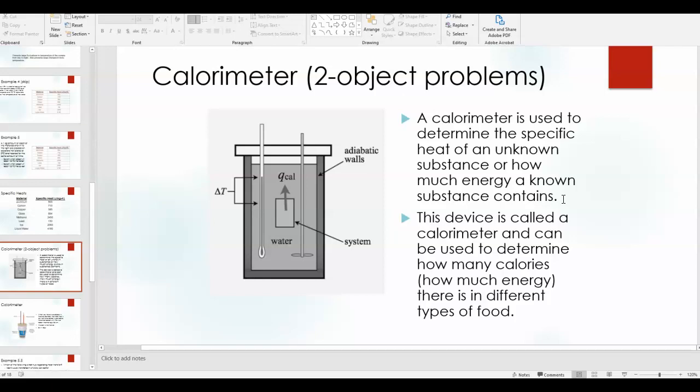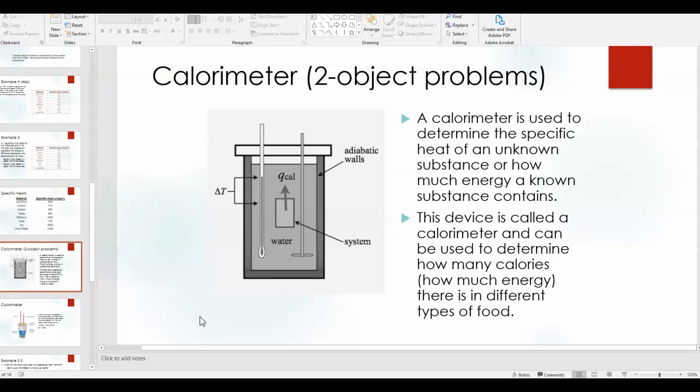Based off of how much the temperature of the water changes, you can find out how much energy was in that thing that you just blew up. So a calorimeter is that type of device. I'm simplifying, but that's basically how they find how many calories are in different food items: they burn it and have the heat go into water.